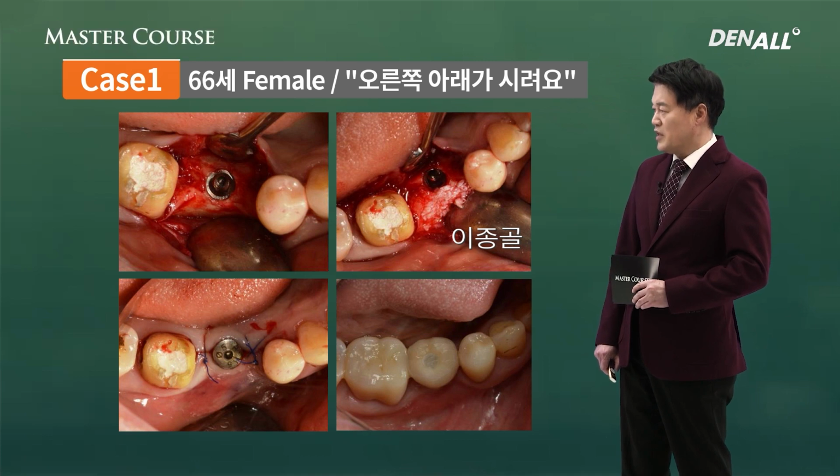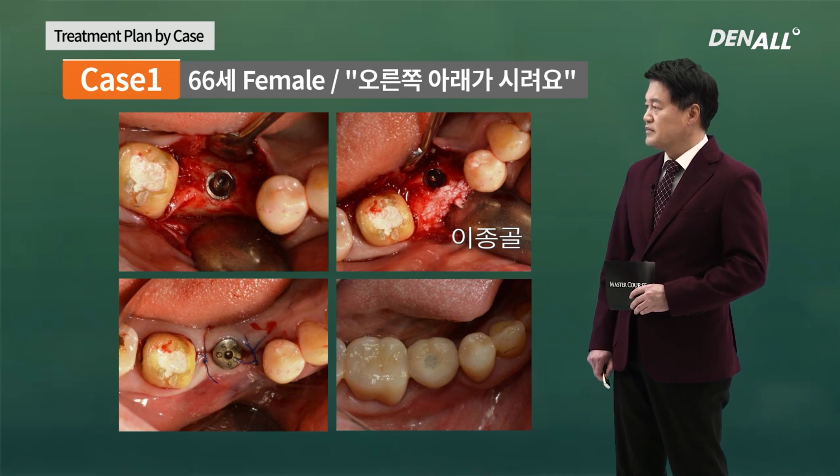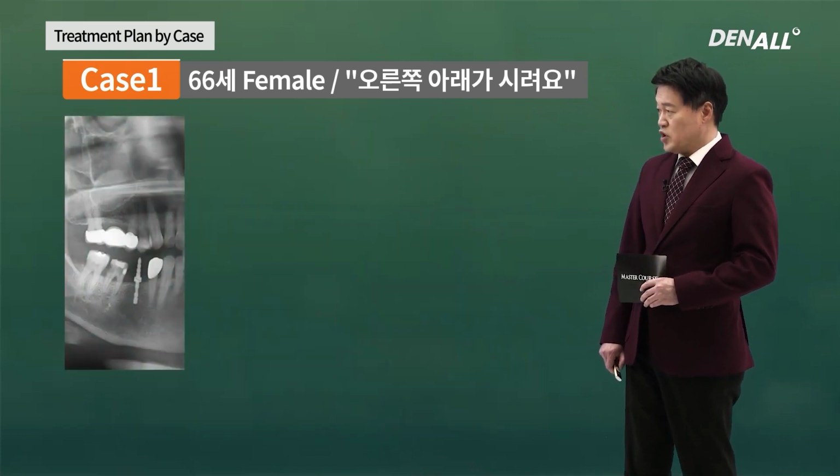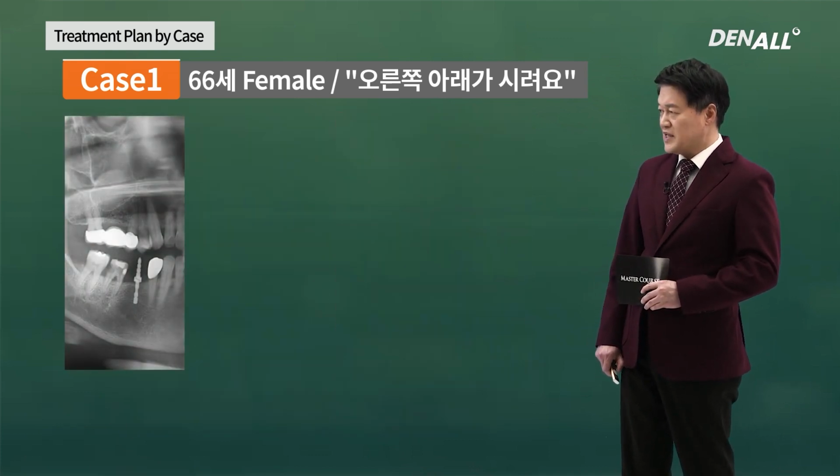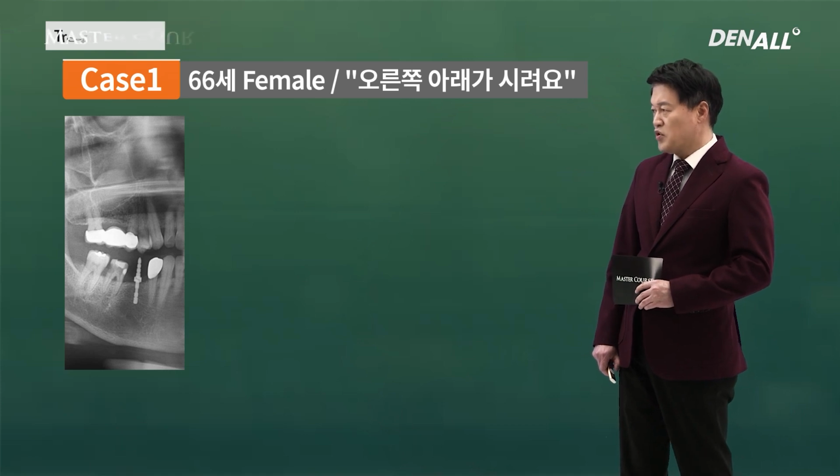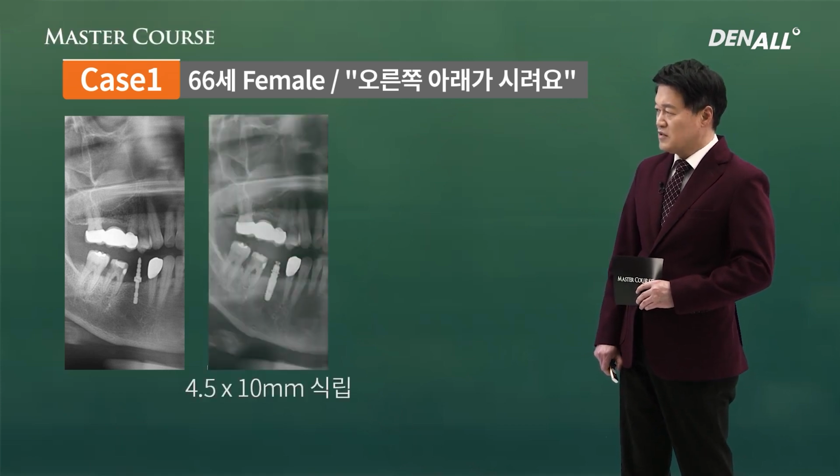If you look at the prosthesis, more so than number 4 mesiodistally, the length is much longer. 4.5 millimeter or something thicker should be chosen. If you look at the X-ray, I put in the guide pin and checked the direction, and after that, drilling was done.